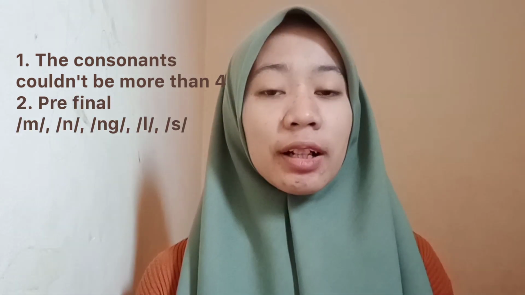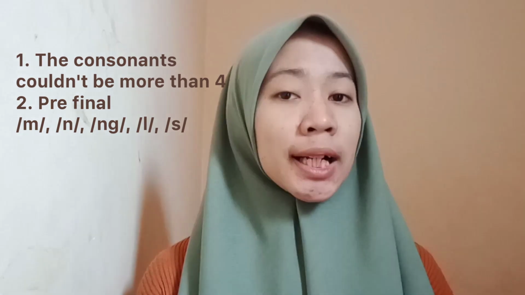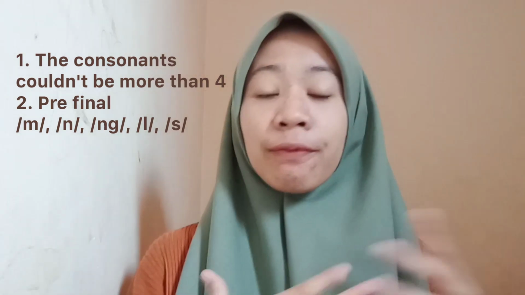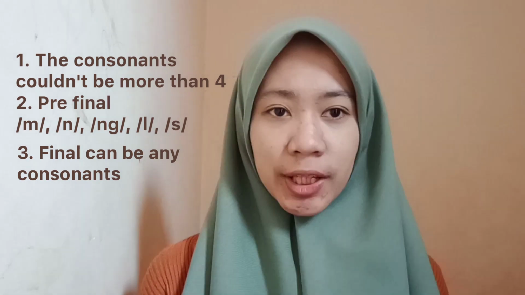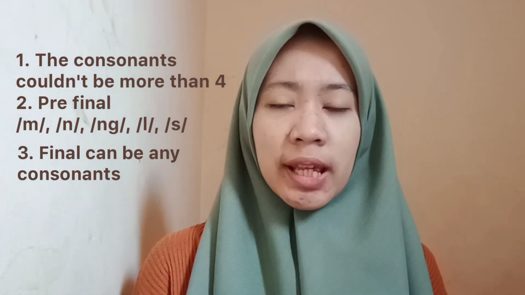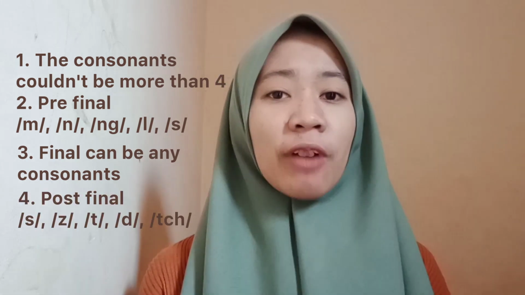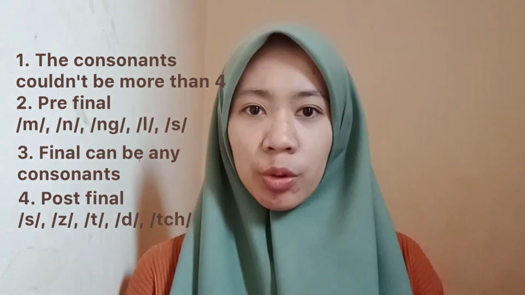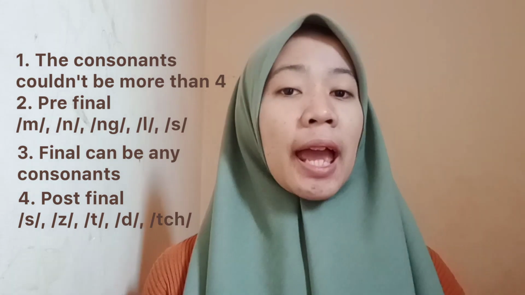The pre-final contains a small set: M, N, L, and S. The final can be any consonant, but combinations of consonants are usually limited. And the third is the post-final, which also contains a small set like S, Z, T, and D.